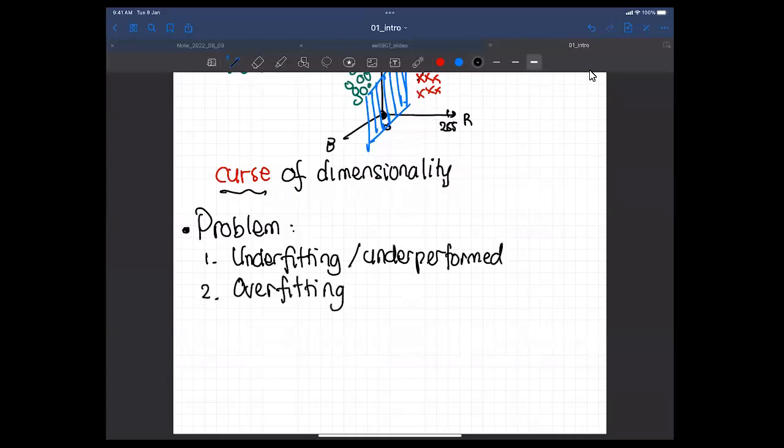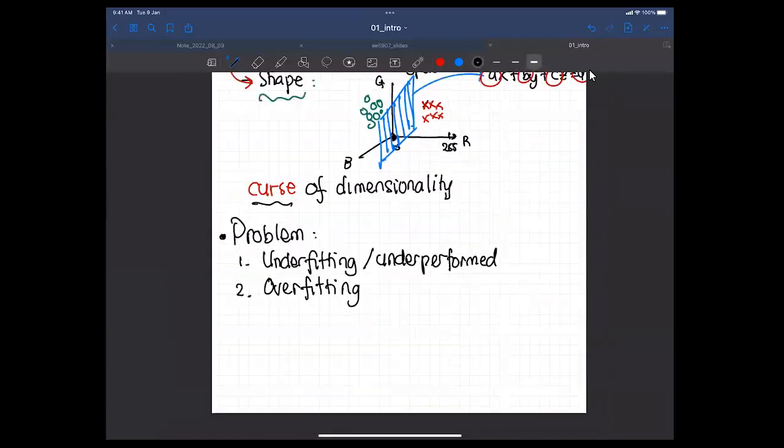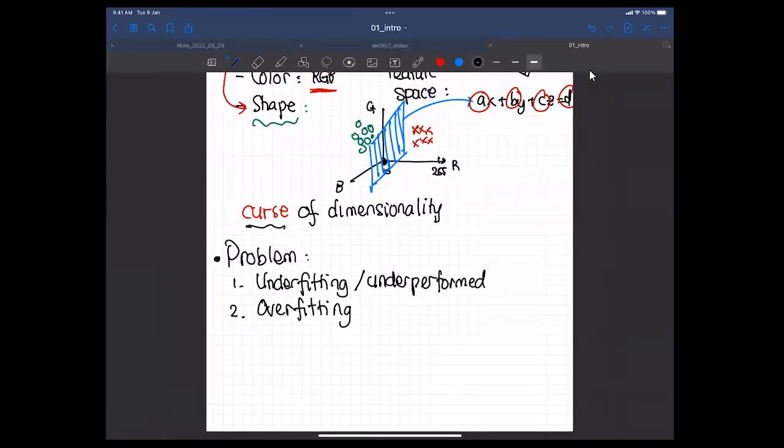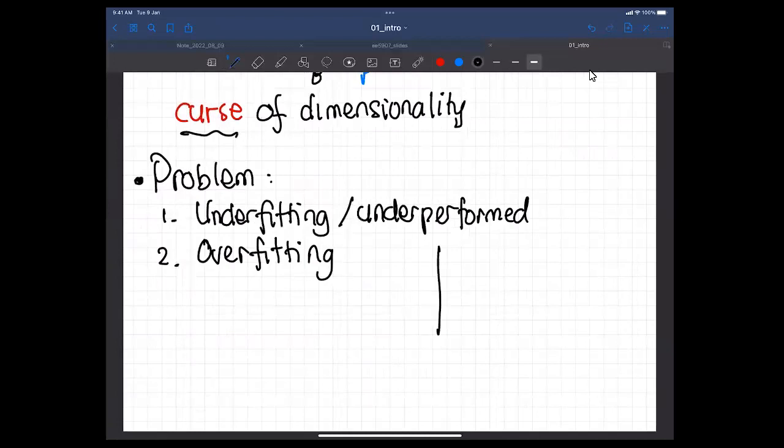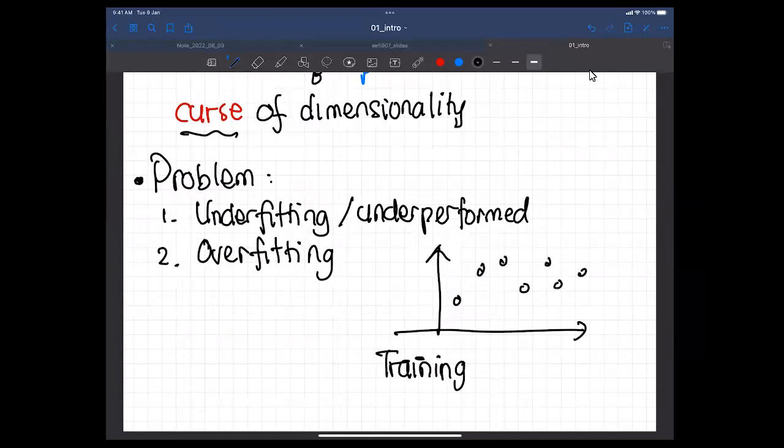So basically, I can give you an example of underfitting, or underperforming, in the training stage. Say you want to do regression on your data, and your data looks like this.